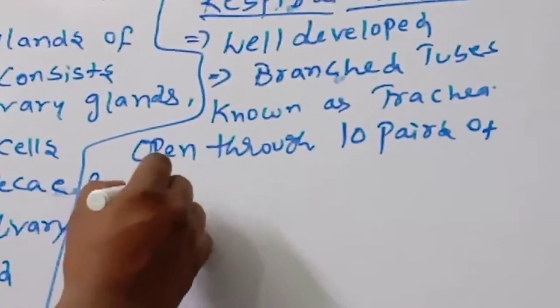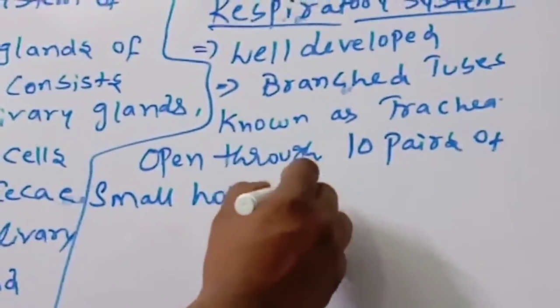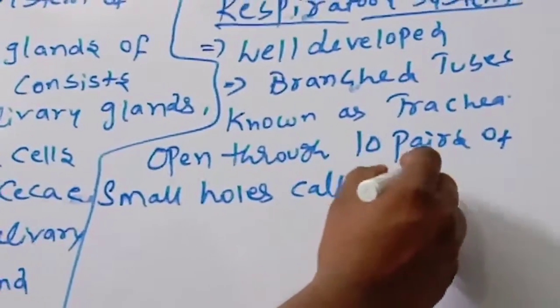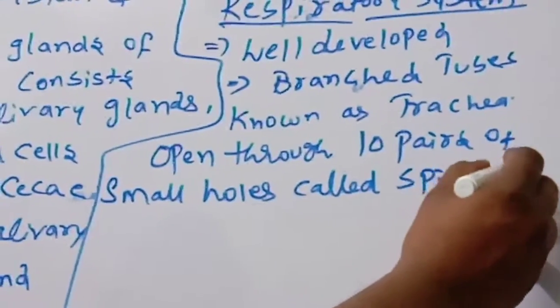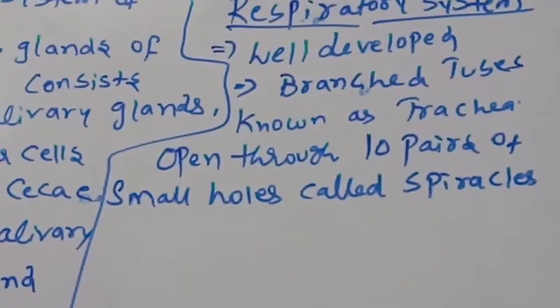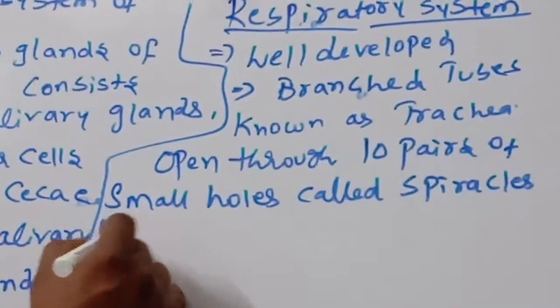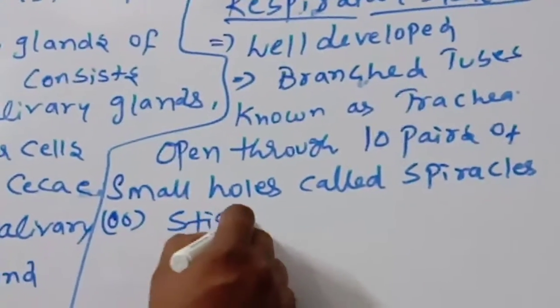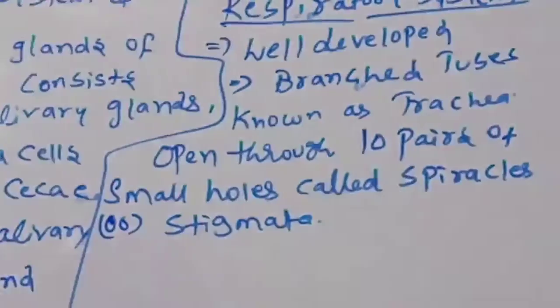The small holes are called spiracles or stigmata.